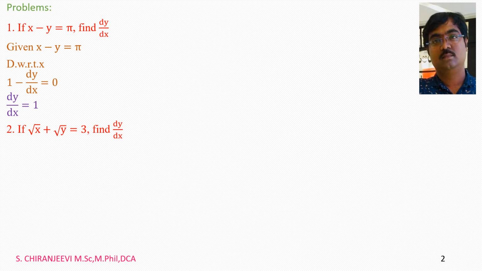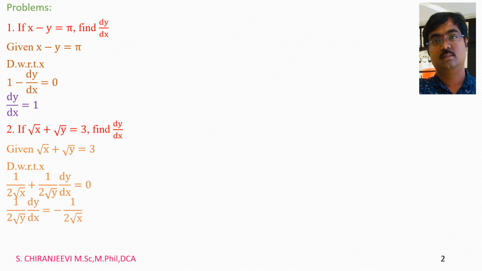Next problem, second one. If root x plus root y equal to 3, find dy by dx. Given root x plus root y equal to 3, differentiating with respect to x, differentiation of root x is 1 by 2 root x, plus differentiation of root y is 1 by 2 root y into dy by dx, equal to differentiation of constant, which is 0.